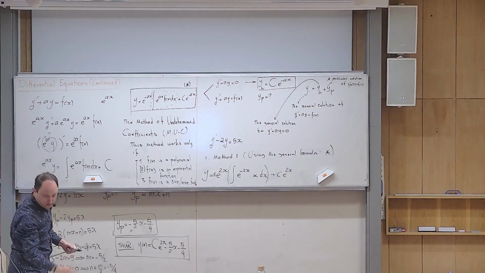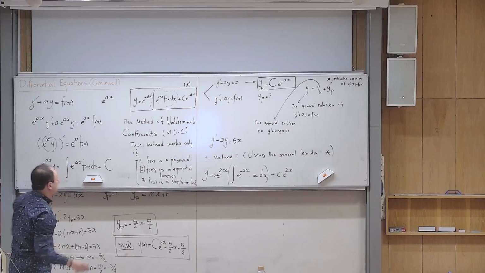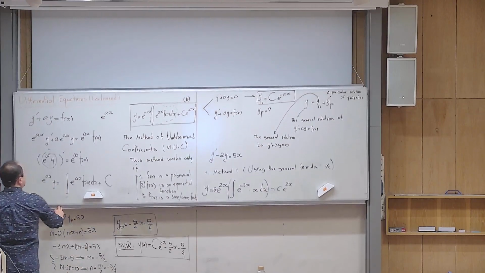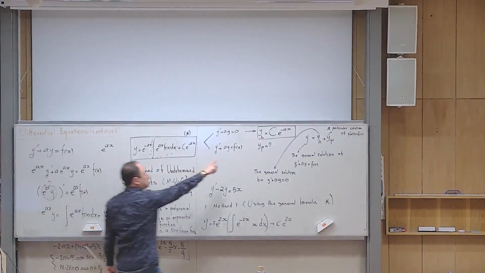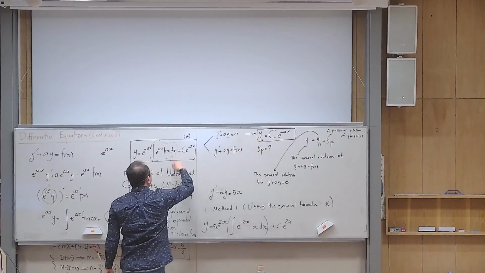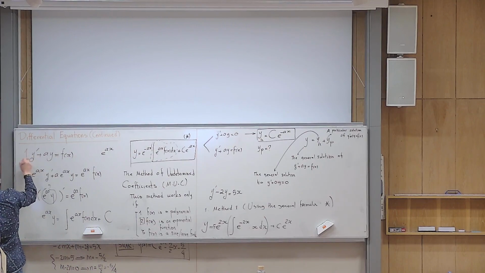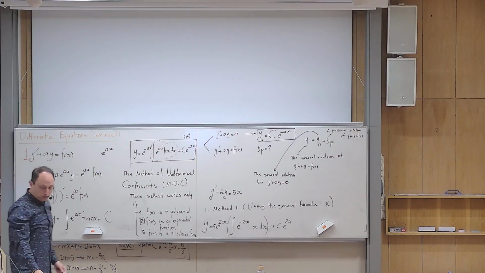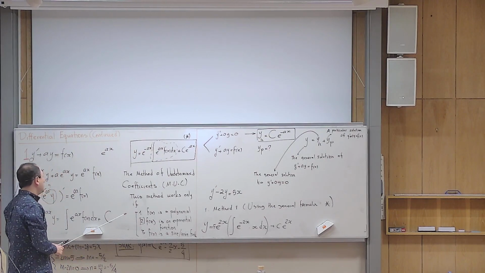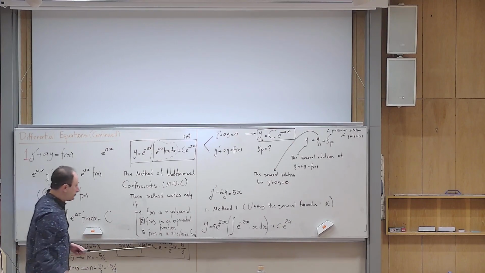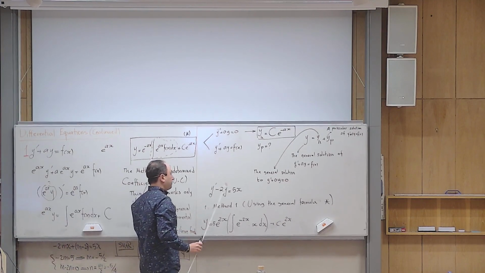Let me emphasize here: the formula in the formula sheet that you have, and even the formula that you don't have, only work if this coefficient is 1. So if that coefficient is not 1, you have to make it 1 yourself first. So we go back here.